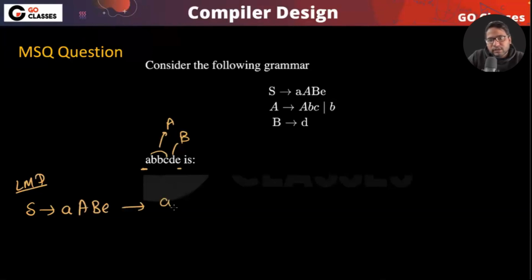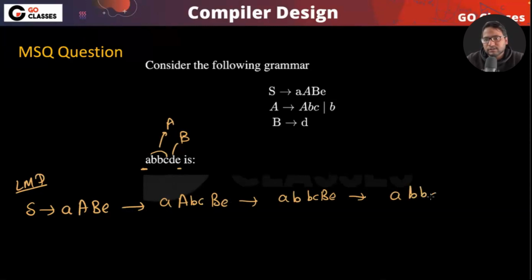So if you do the leftmost derivation, this capital A should go to which thing? Should it go to B, or should it go to ABC? ABC, right? And then this should go to B, and then this B should go to D, right? This is the leftmost derivation of this string.